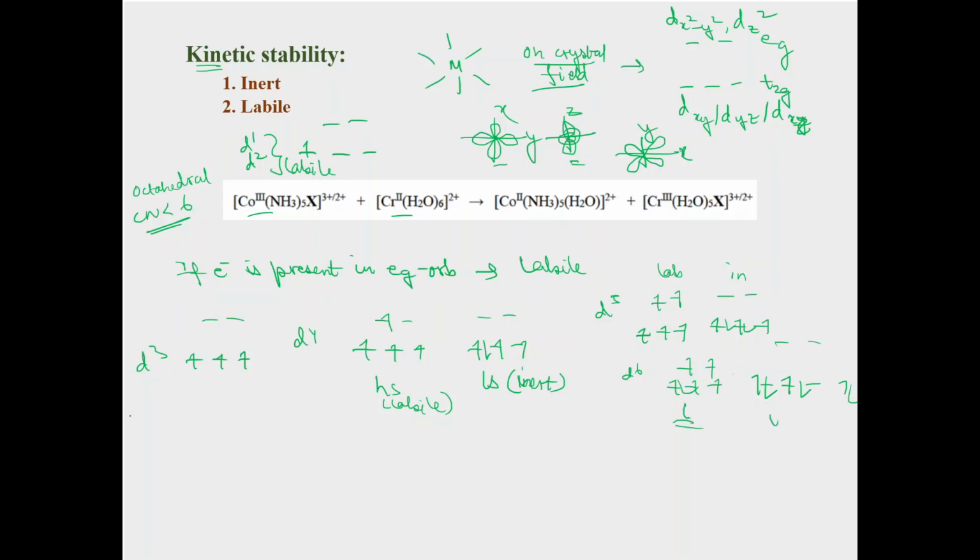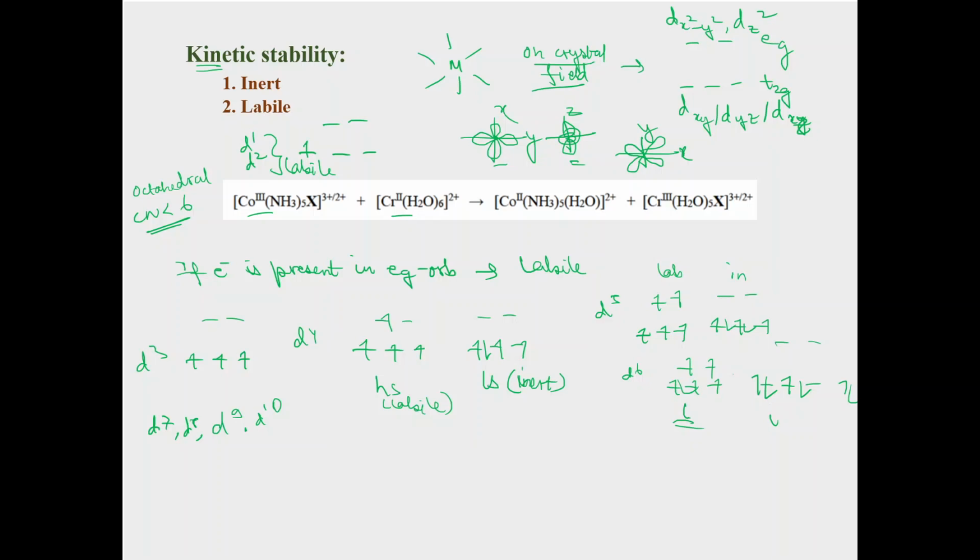But D7, D8, D9 complexes will always be labile, right? Because there will be at least one electron in each set, whether it is a high spin or a low spin complex. So this is the concept of this.